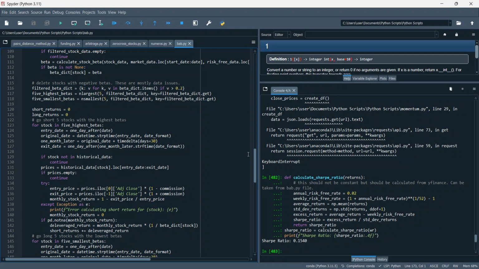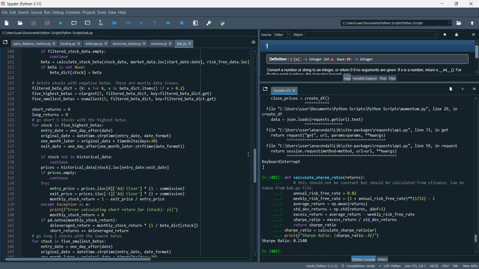Go long just means, in traders' jargon, to buy them, and we leverage them to the beta of one, because you remember that these are the stocks which have a beta less than one.